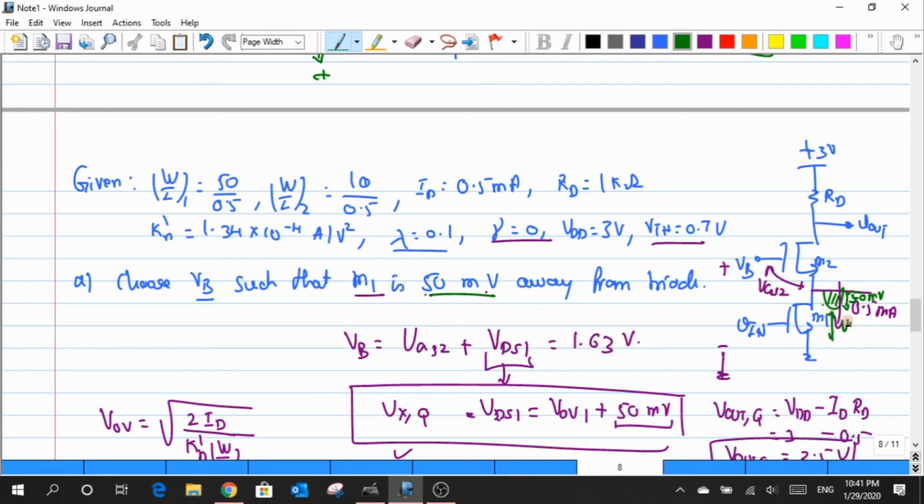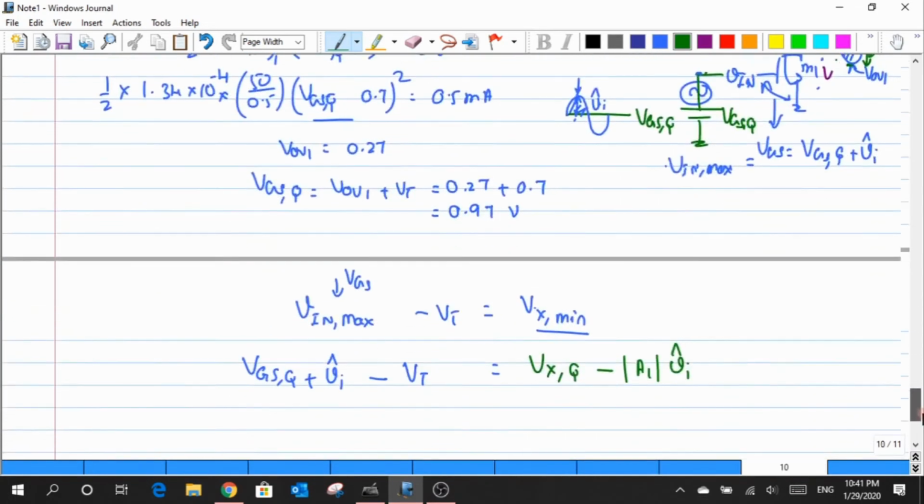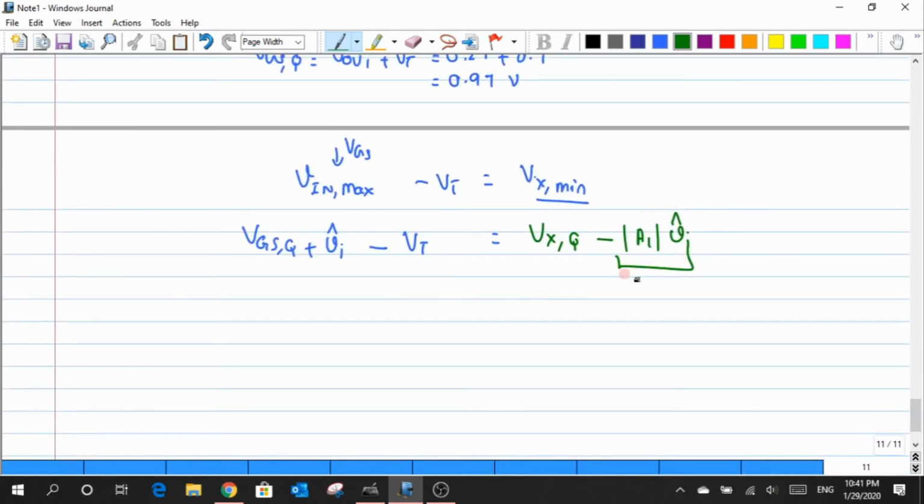After that, what I have is just VOE1. Clear? So it's basically VOE1 and then a negative swing, and that negative swing is my 50 millivolt. So with that in mind, I know that this value is equal to 50 millivolt.